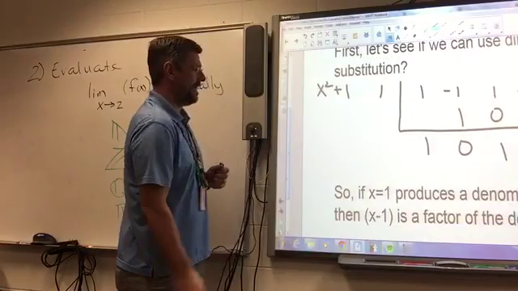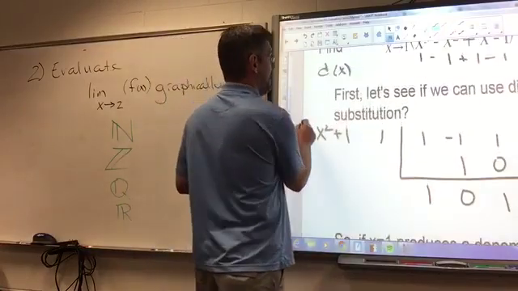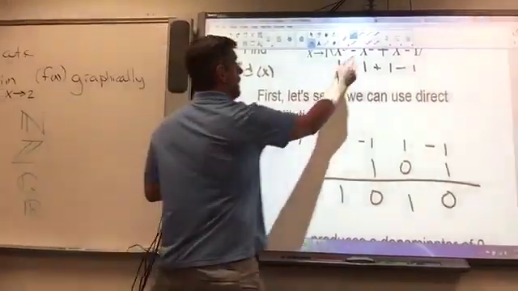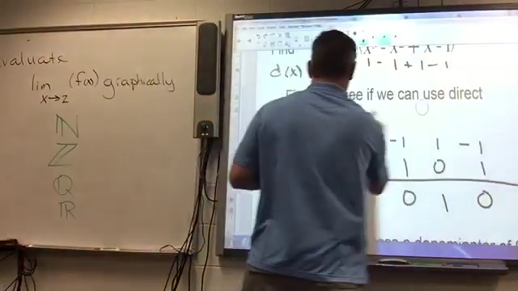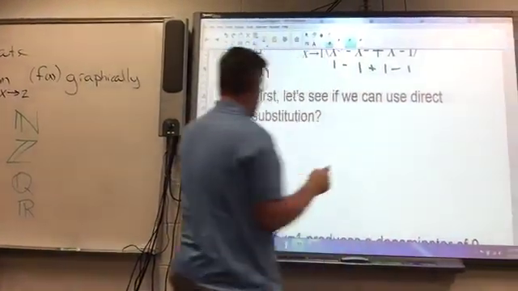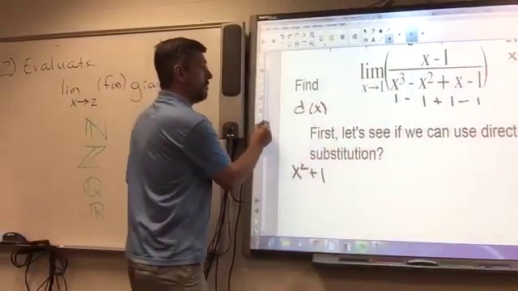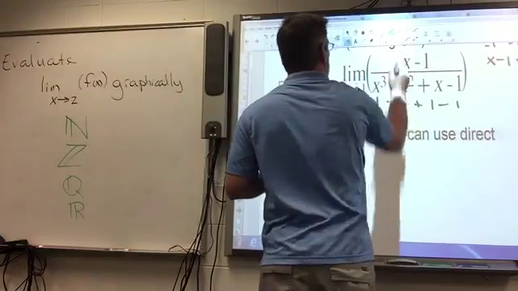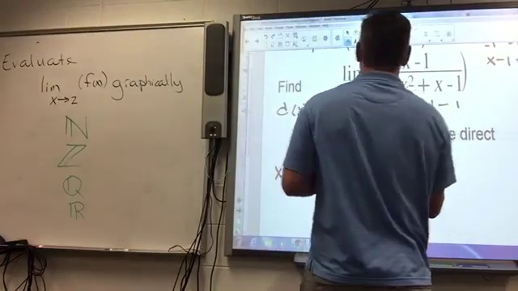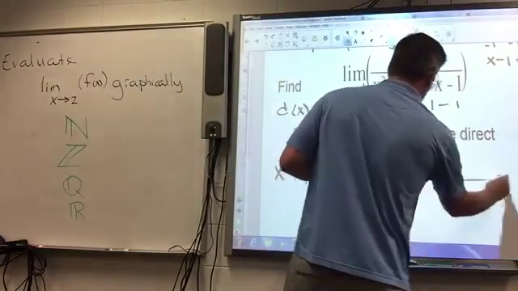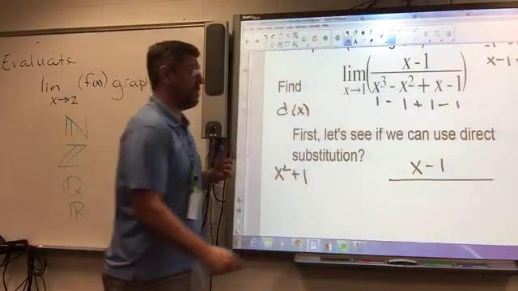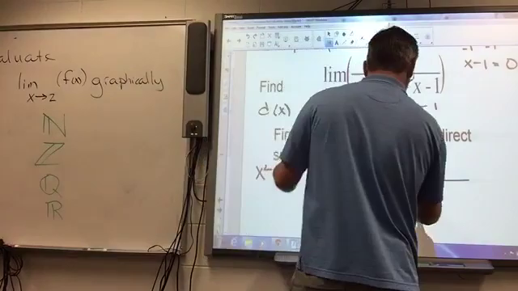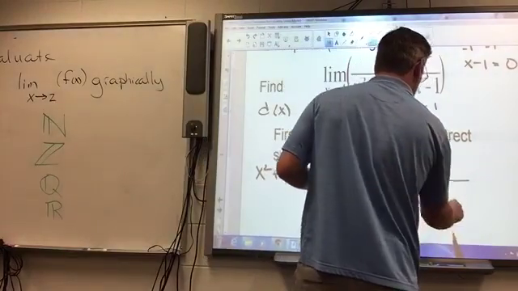So what's that mean? That means that I'm going to erase all this stuff right here. I'm going to erase my synthetic division because I got my answer right here. So the denominator I can rewrite as, so f of x is x minus 1 over, remember I divided by x minus 1, and that's times x squared plus 1.